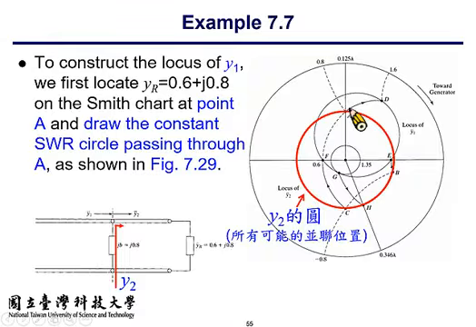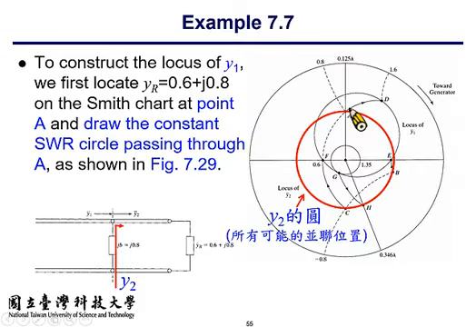If you connect the shunt element right at the very beginning of the termination, what is the result? If you connect at point A, the admittance is 0.6 plus j0.8, and you add another j0.8. You will end up at position D, which is G equals 0.6 and B equals 1.6.